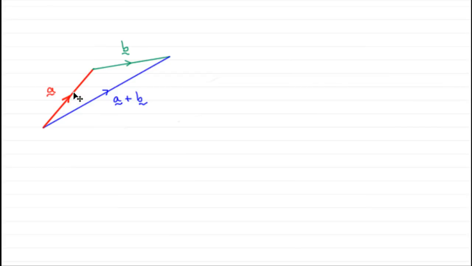We can also do subtraction of vectors. Suppose we took our vector A and just moved it over here. Let's just write on that that's the vector A. Now if we take our vector B but take the negative of it, that's this vector here, bring it over to here and put it on the end of A, this vector then is minus B. We'll just write that on.